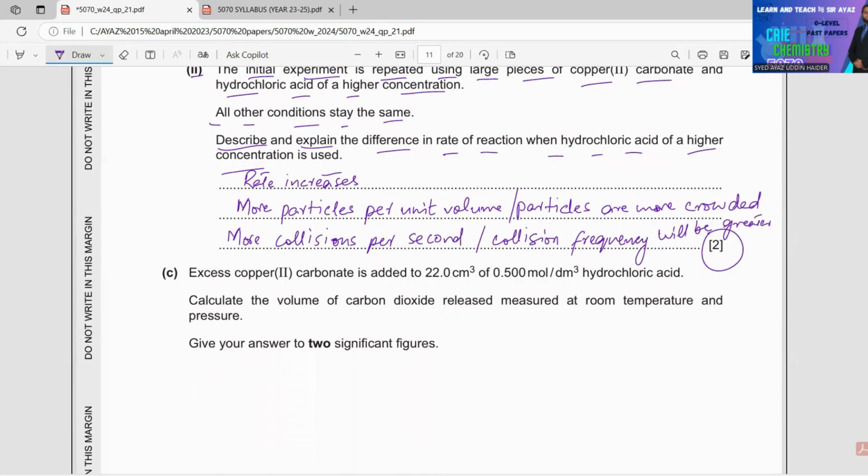Part C. Excess copper carbonate is added to 22.0 cm³ of 0.5 mol/dm³ hydrochloric acid. Calculate the volume of carbon dioxide released measured at room temperature and pressure. Give your answer to 2 significant figures. Now we need to calculate the volume of carbon dioxide.